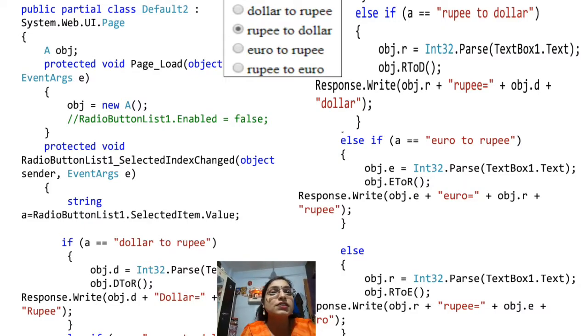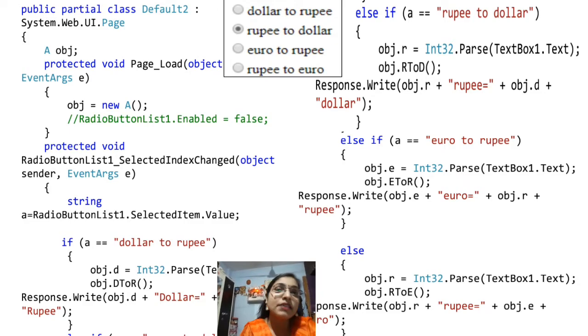So this is the reason why we first convert this input into the respective type, that is integer or double, by writing Int32.Parse. An integer variable we can store inside a double. So here we are converting string to integer, and this integer value we are going to store inside the D variable, which is of double data type.